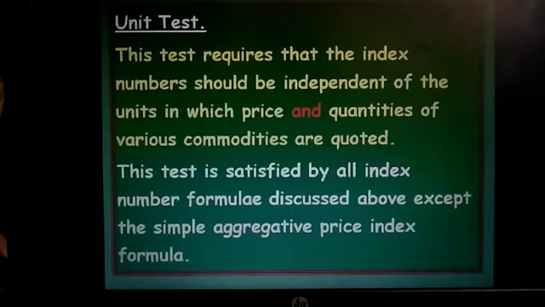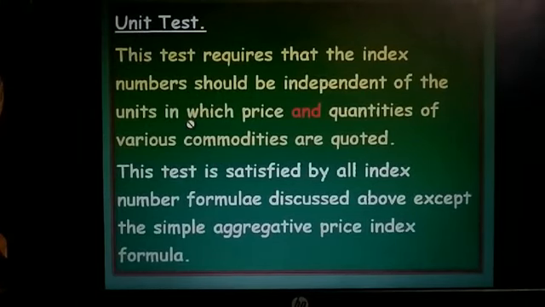Once such mixtures are there, for the finally calculated index number, we cannot say it is dependent on any particular unit. So it will be independent of the units. So all the index numbers which we have already discussed so far will satisfy this unit test, whereas only the simple aggregative price index formula does not. Hope you are following me, students. That is the simple test, which is called the unit test.